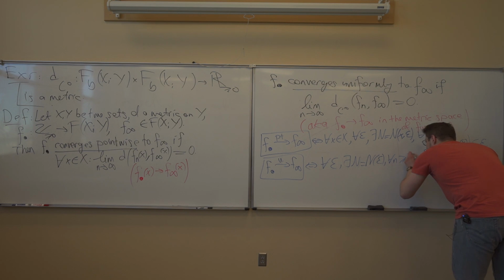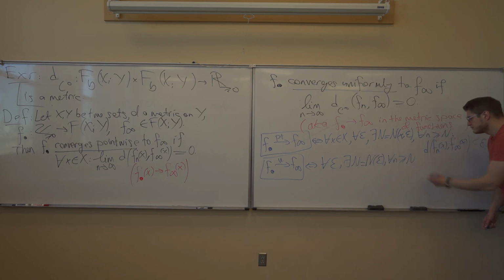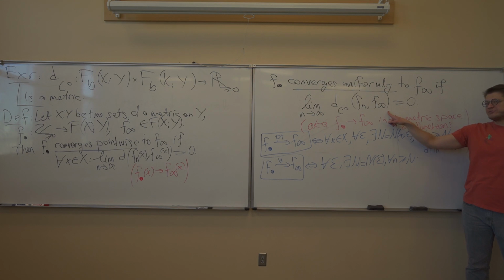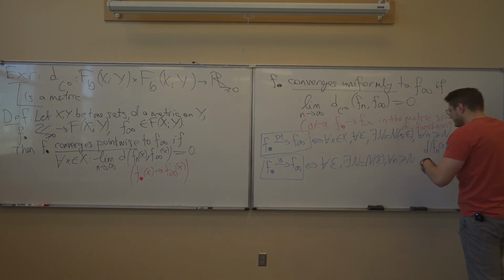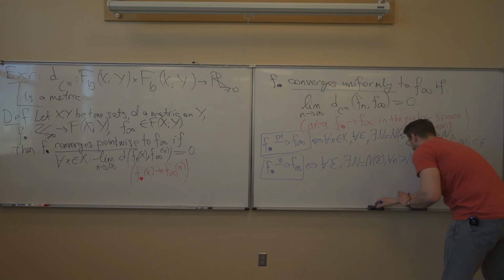Such that for any n after this capital N, this value is less than epsilon, but this value is sup of something. Sup of something being less than epsilon means that for anything in that set, I have that bound. So I can write it like this.